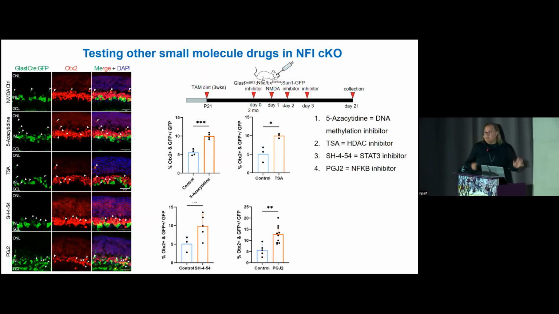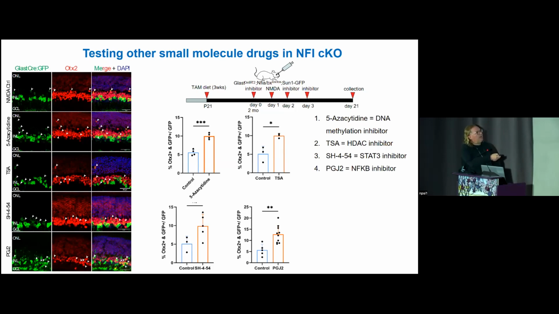The third approach has been to target epigenetic modifiers and signaling pathways that repress neurogenic competence. This is all work done using the NFI mutant mice.